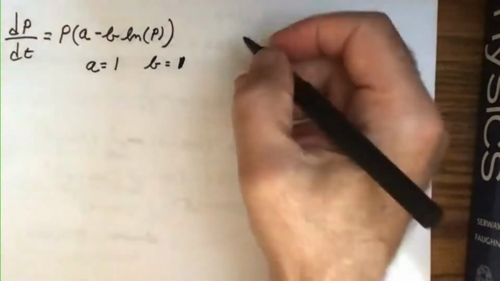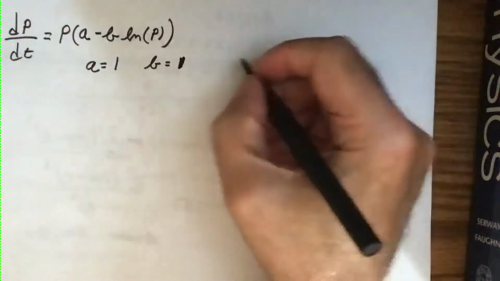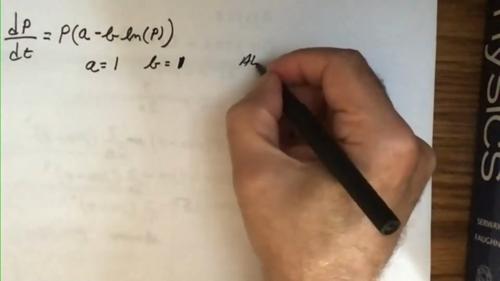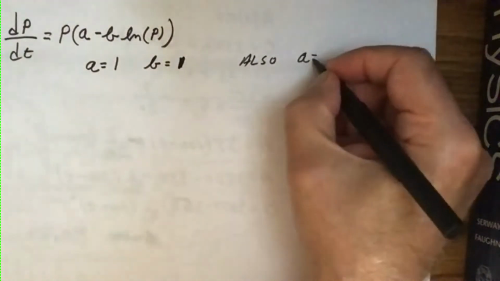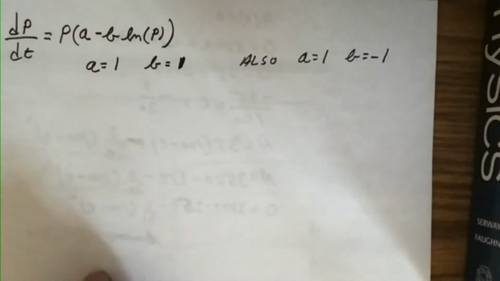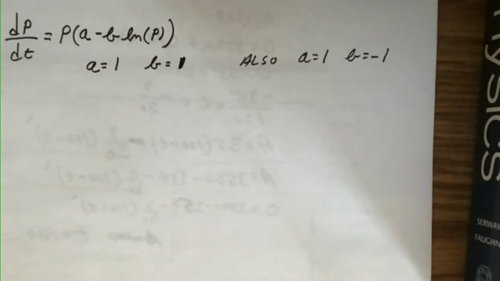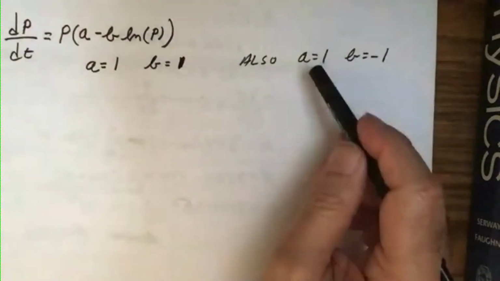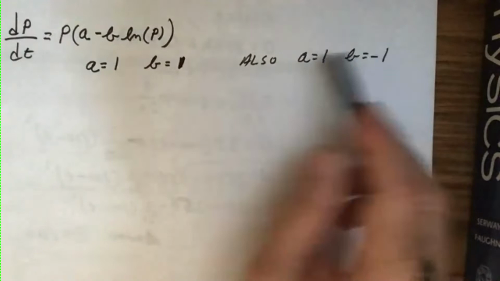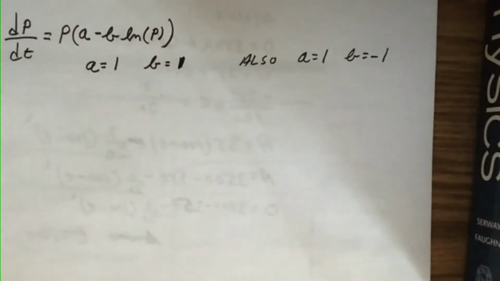Actually, let's see. We also want to do a is equal to 1 and b is equal to -1, but let's do this one first.